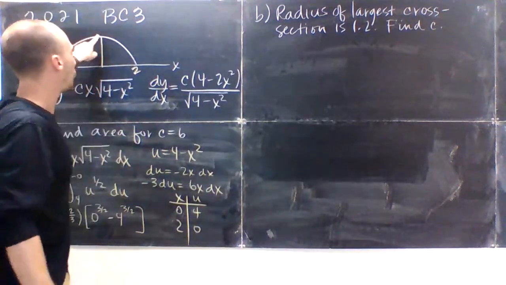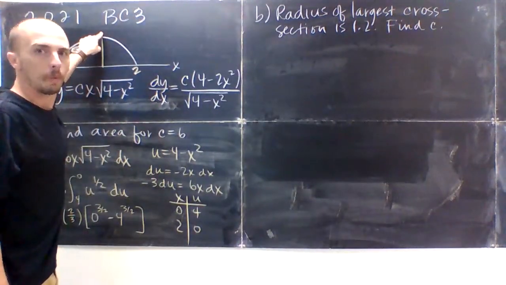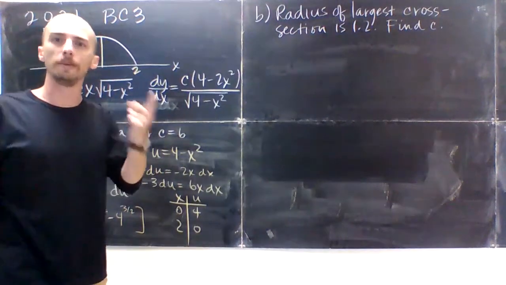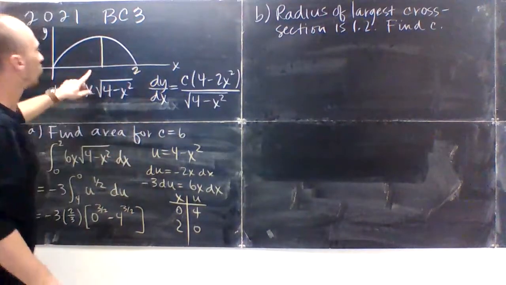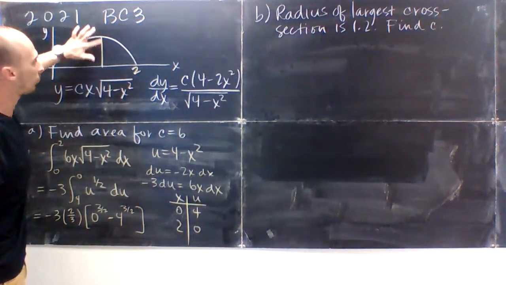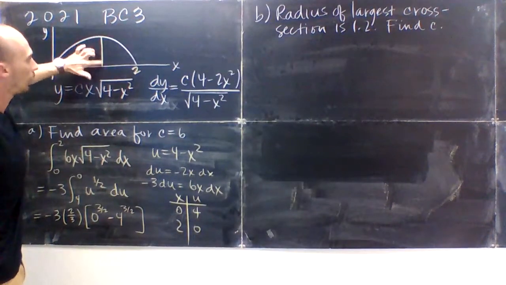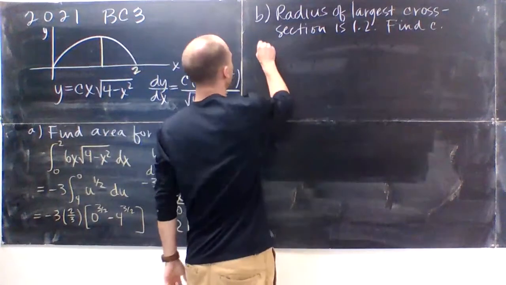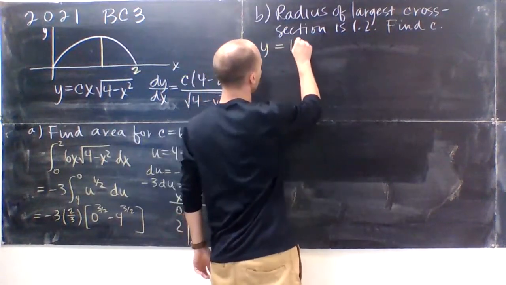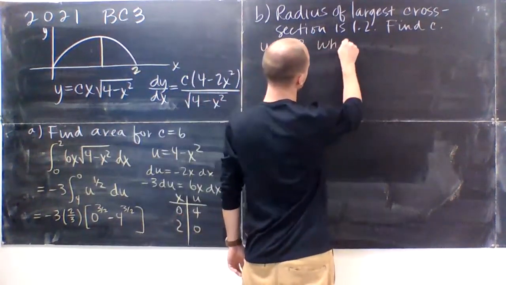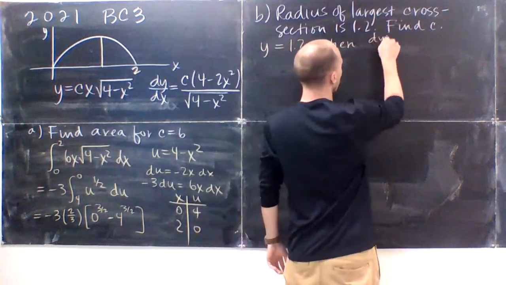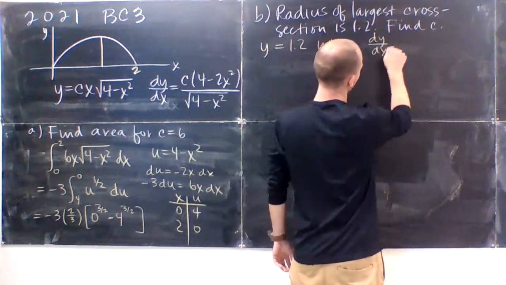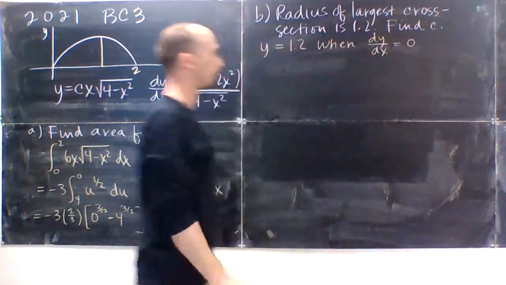And that highest point will come when dy/dx equals 0. And they said specifically that the radius of that cross-section has got to be 1.2. So what I'm saying is y needs to equal 1.2 at the time where dy/dx equals 0.